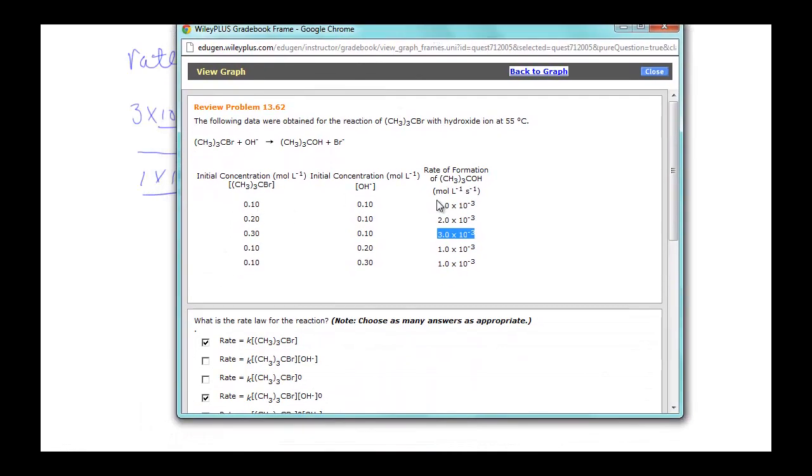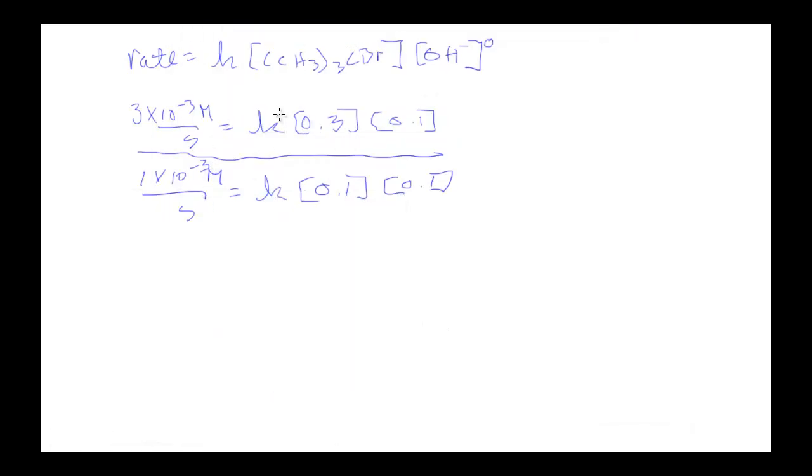And we see the rate constants cancel out. This cancels out. 0.3 divided by 0.1 is 3. 3 times 10 to the minus 3 divided by 1 times 10 to the minus 3 is 3. So what exponent do I need to raise this to in order to give me this value? That would be 1. So the (CH3)3CBr exponent here is going to be 1.